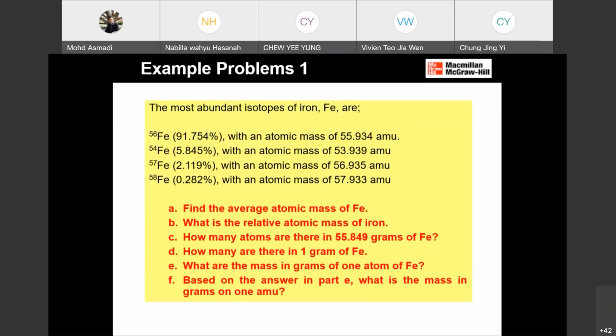Chapter. How do you do the calculation? Show me the calculation, not only the answer. You can write and put a picture.